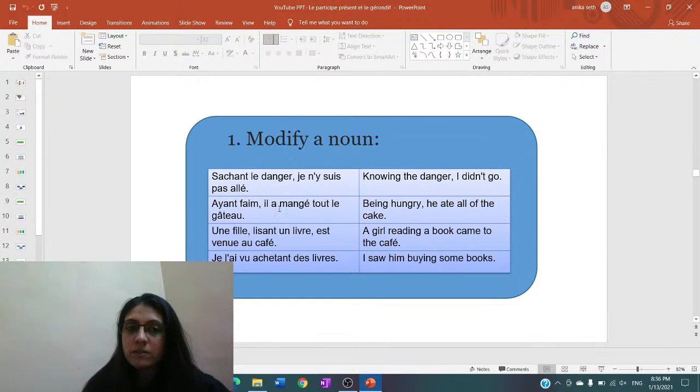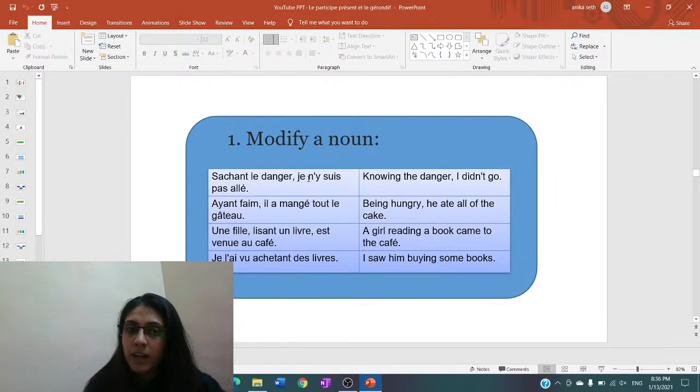Ayant faim, il a mangé tout le gâteau. Being hungry, he ate all the cake. Because he was hungry, this was the reason he ate all the cake. Now, in this one, we can ask the question pourquoi. Pourquoi n'es-tu pas allé?